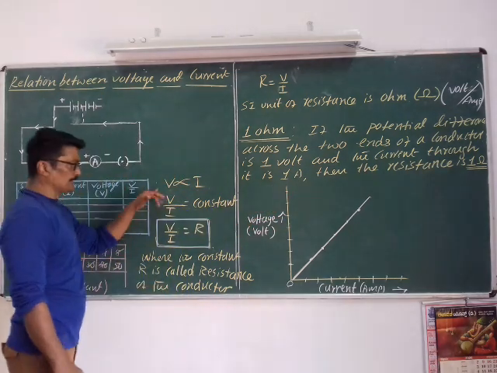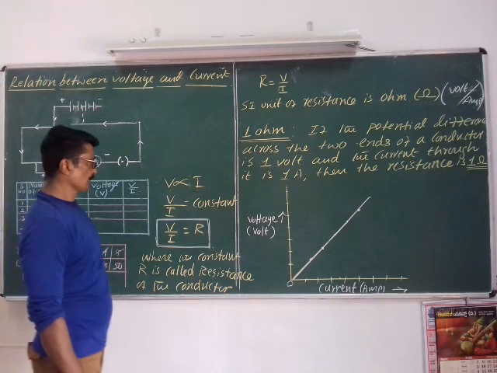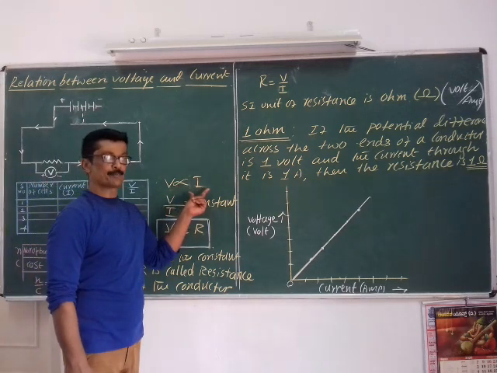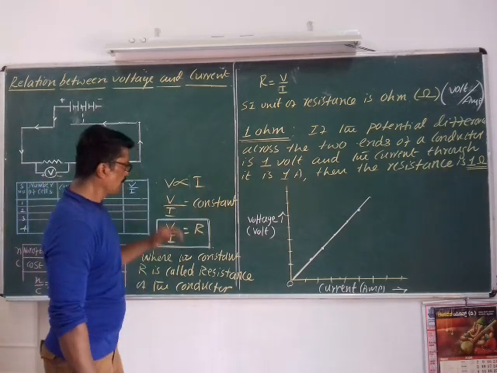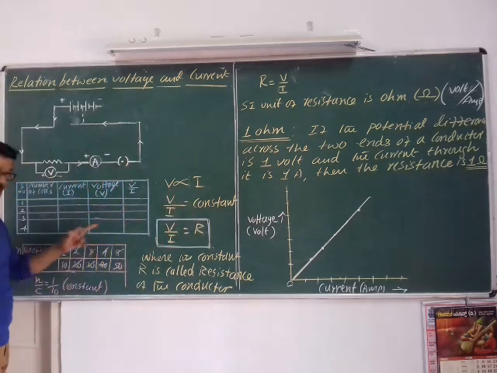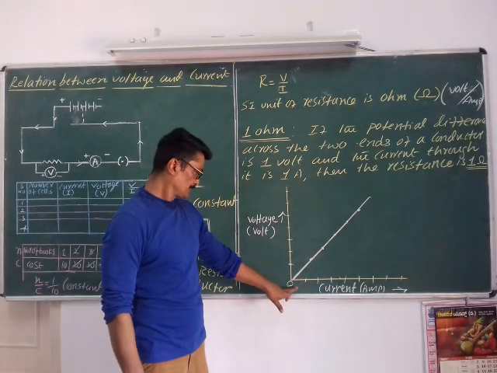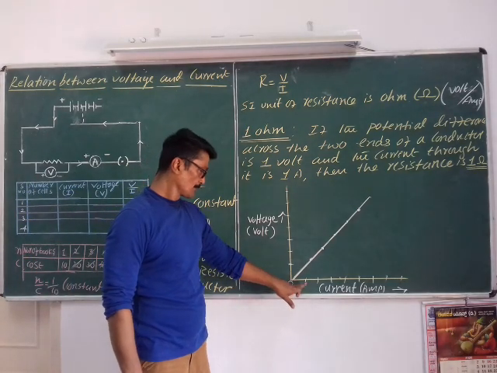See, here once again let us consider the relation between voltage and current. Voltage is directly proportional to current. Now we have to plot the values we have obtained over here. We have to draw a graph.